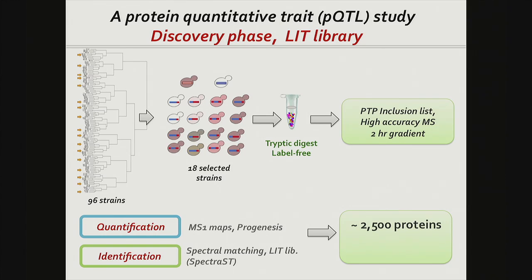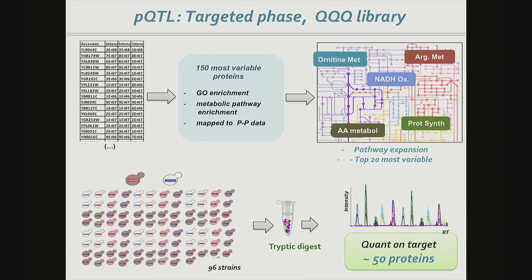So Paola initially generated shotgun data on selected strains to find proteins which are variable. This association, of course, only works if the proteins actually differ between strains. If everything is exactly the same, there's no information in there. And then she mapped about 2,500 proteins and selected out of those highly variable proteins that are also functionally related to metabolism. This was done by SRM.